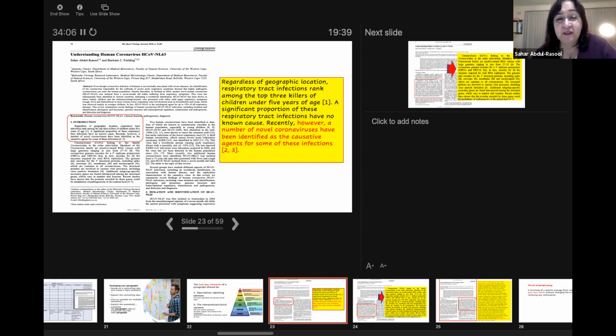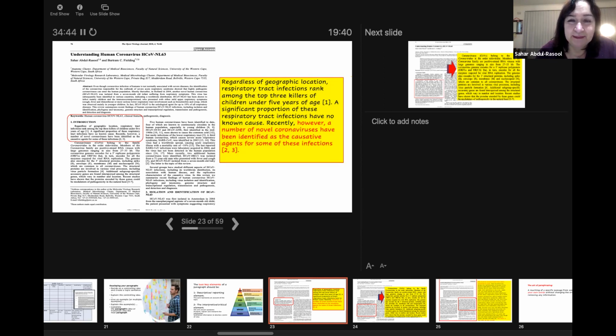And if you see, of course, this starts with an opening sentence, the introduction. We said that a literature review can constitute a part of the whole review article, and this is a review article. So regardless of the geographical location, respiratory tract infection ranks among the top 3 killers of children under 5 years of age. The person who reads that first sentence knows that we are going to talk about respiratory tract infection.